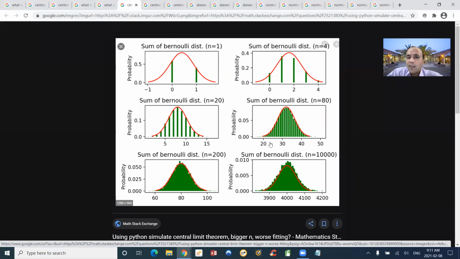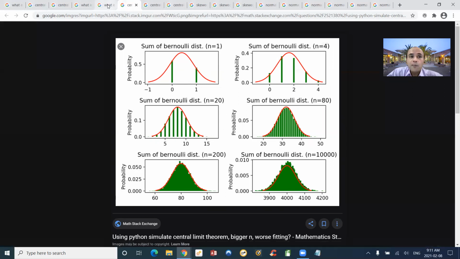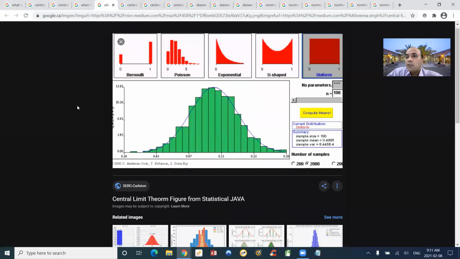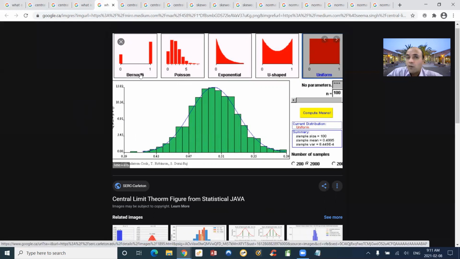And then as I increase the number of samples, I'm going to approach the normal distribution. One of the things that I need you to keep in mind is that irrespective of the type of distribution you're going to get, Bernoulli is actually 0 and 1, a kind of digital 0, 1. Poisson is going to be this shape, exponential is going to be this shape, U-shaped and uniform shape.